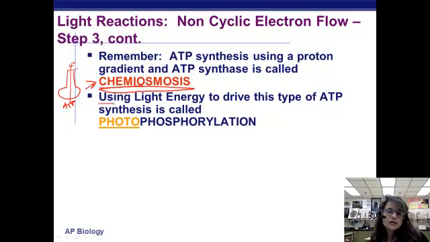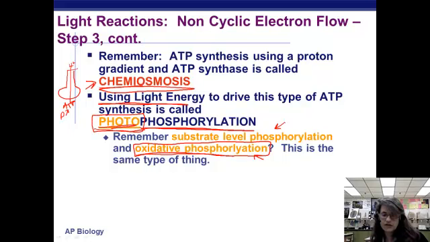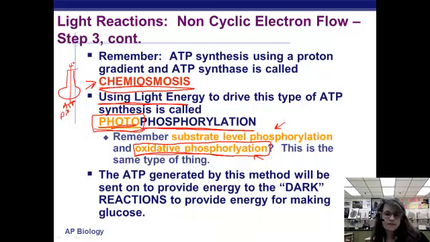Now, when we use light energy ultimately to drive this type of ATP synthesis, we call it photophosphorylation, because we are using light to stick a phosphate group onto an ADP molecule. Okay? So we used terms earlier in the year, substrate level phosphorylation, we've used oxidative phosphorylation. Well, this is kind of like similar to this, only we're not using oxygen to drive the phosphorylation here, we're using light, so we call it photophosphorylation. Okay? All right.